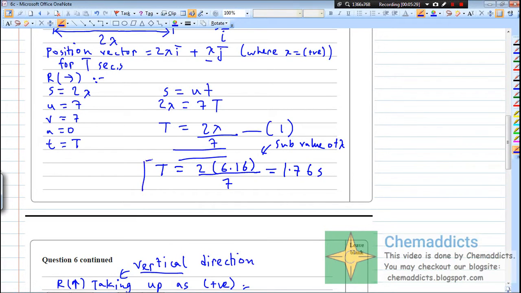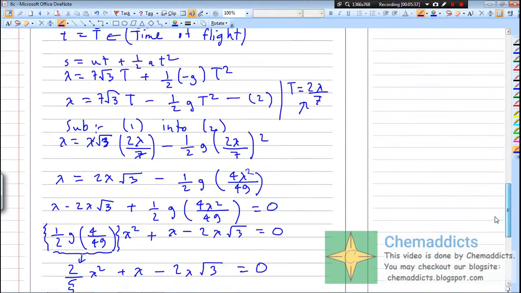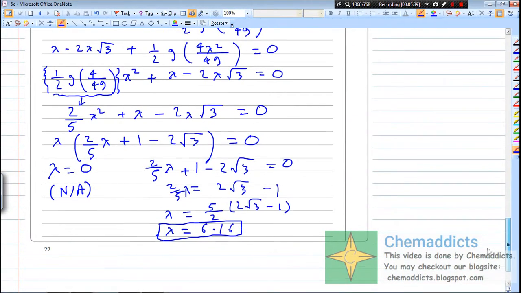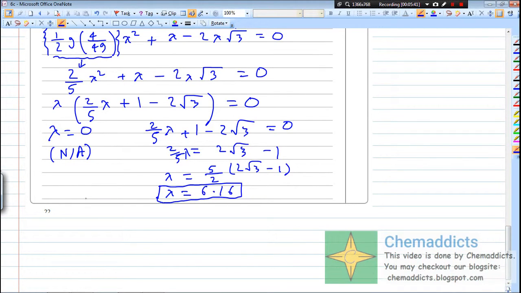Here we have found the value. First we found the value of lambda, then we substituted it into equation 2 that we obtained earlier, which is 2 lambda by 7.